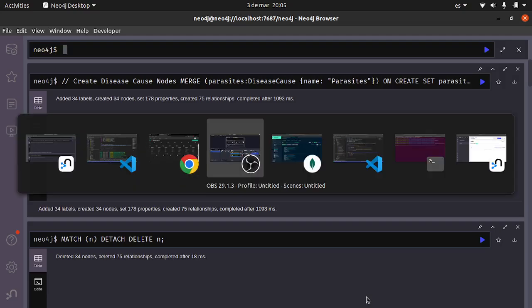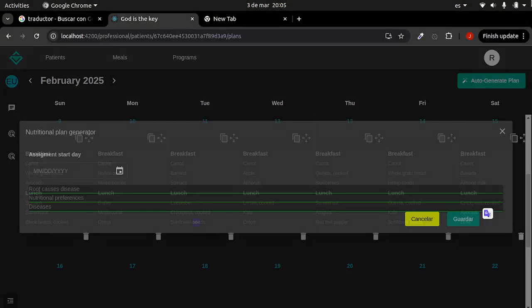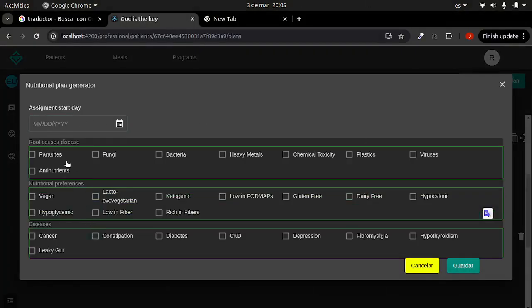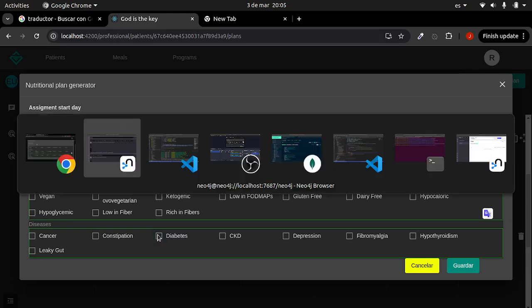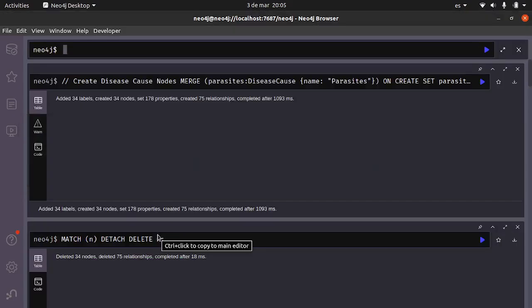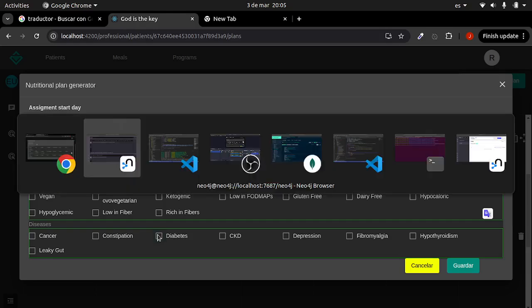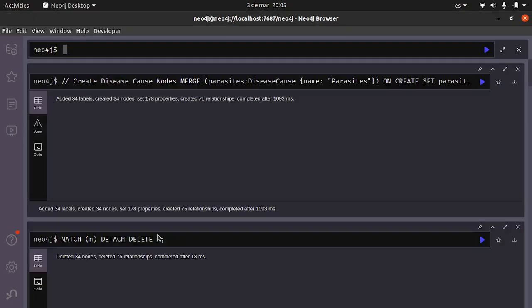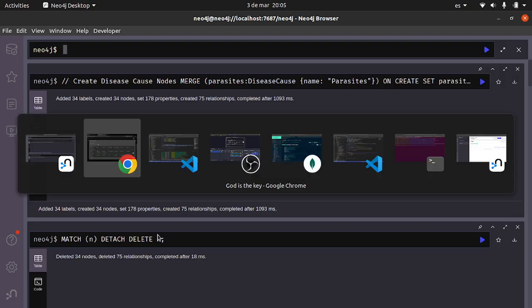When you select these options, for instance parasites, fungi, constipation, cancer diseases, maybe diabetes, you are going to choose the information or these parameters from the database. I chose Neo4j for it because it's good at showing the relationships between information.